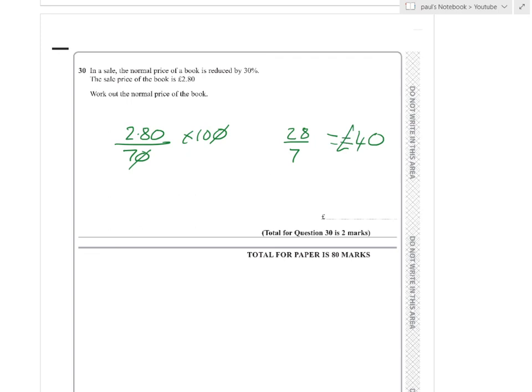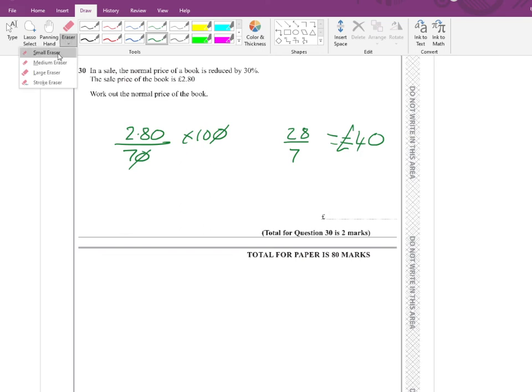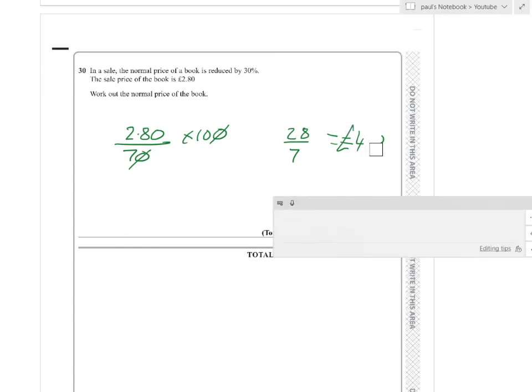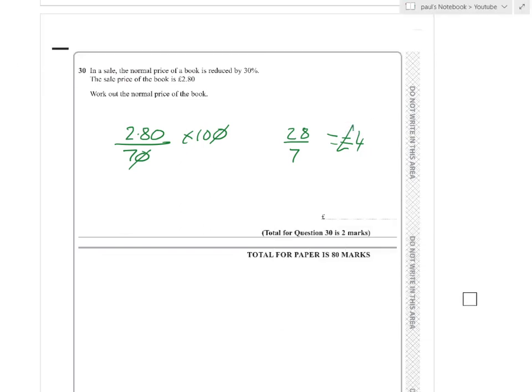I think we're right there. Let's see where we can go. Oh, let's go on some other stuff there. Why would I put £40? Bonkers. Yeah, get lost you.